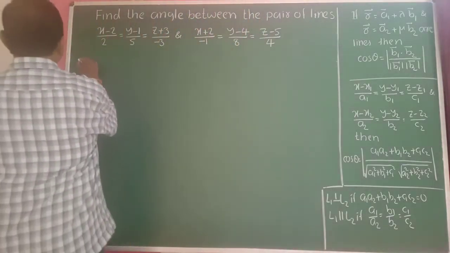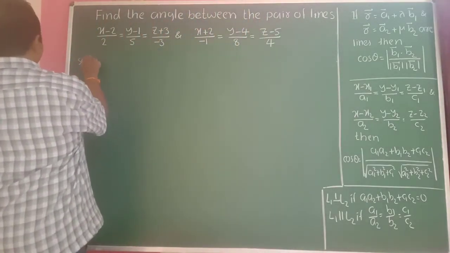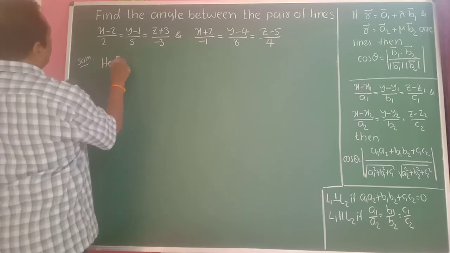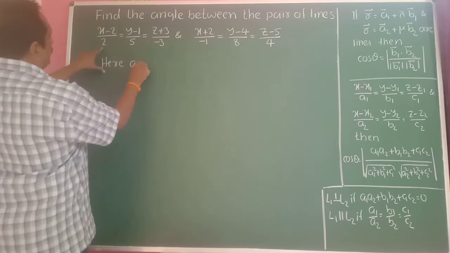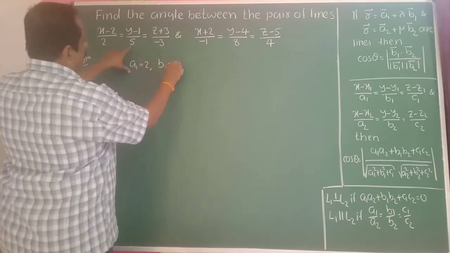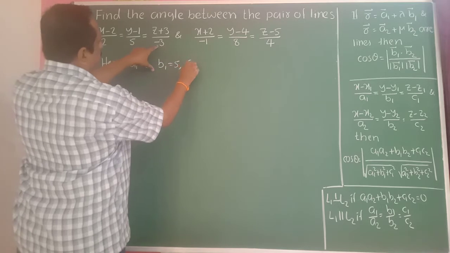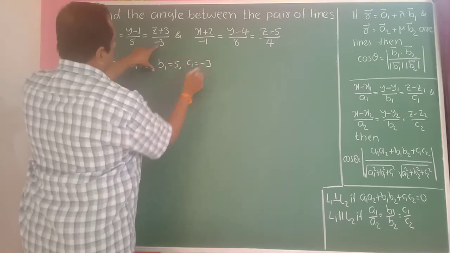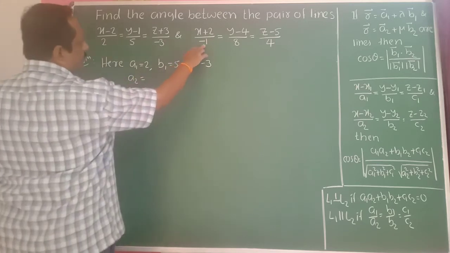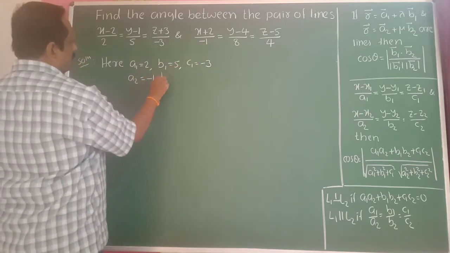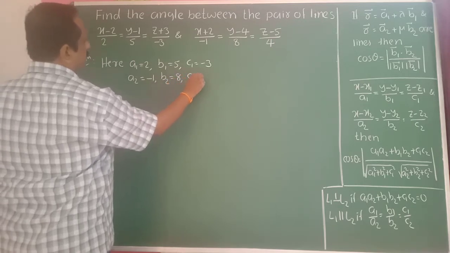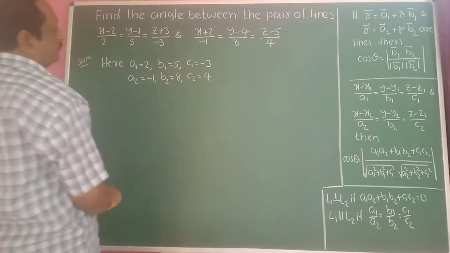Therefore, comparing the given equation with the standard form here, a1 is equal to 2, b1 is equal to 5 and c1 is equal to minus 3, then a2 is equal to minus 1, b2 is equal to 8 and c2 is equal to 4.